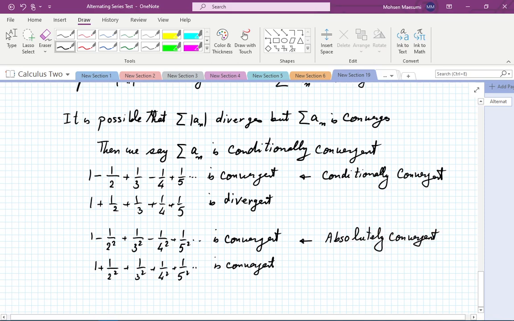Now, one of the most fascinating theorems in calculus is a rather weird property of the series that are conditionally convergent. Conditionally convergent series have a very subtle behavior to themselves.